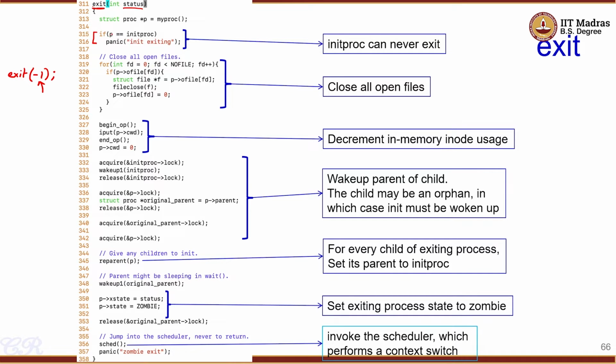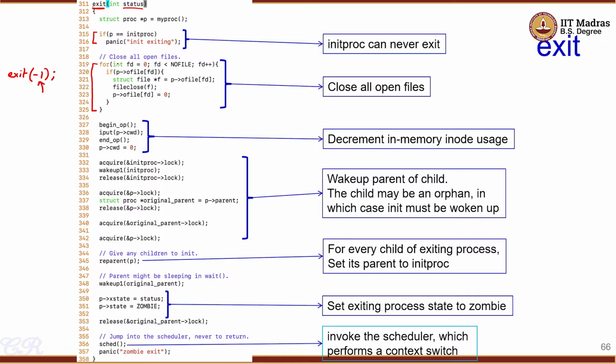And therefore, if it happens to be the init process, then we say that there is a problem. This cannot happen. The init process cannot terminate, and therefore we do not continue any further. Now, this particular for loop handles the files.